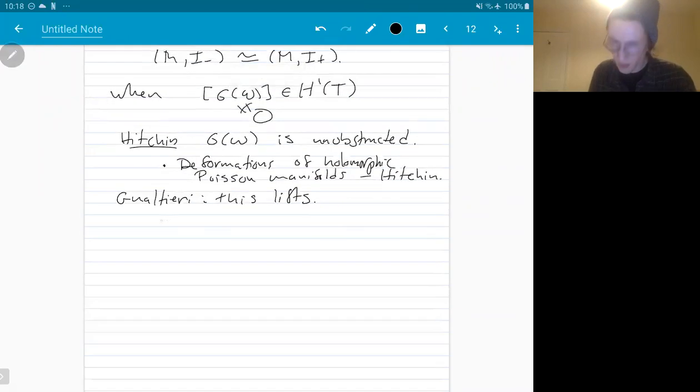I think that's right. The paper where it's described is called Generalized Kähler Metrics from Hamiltonian deformations.